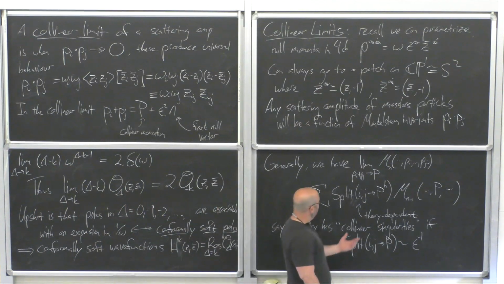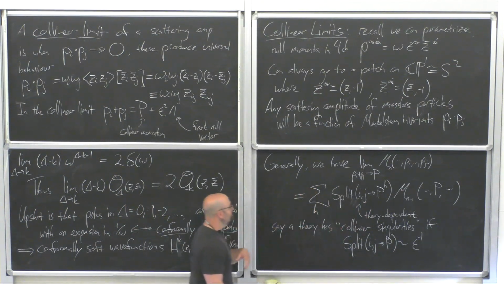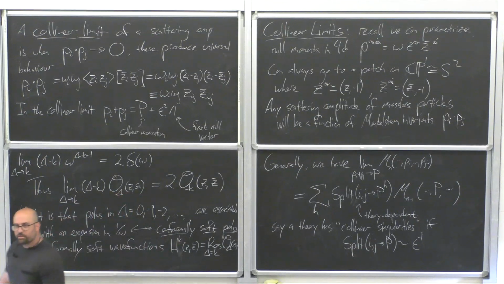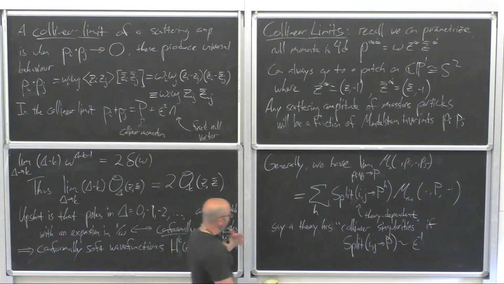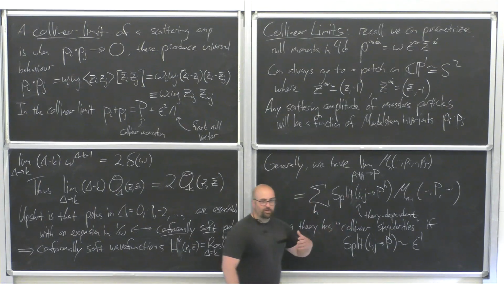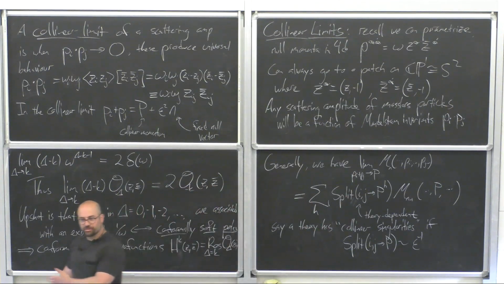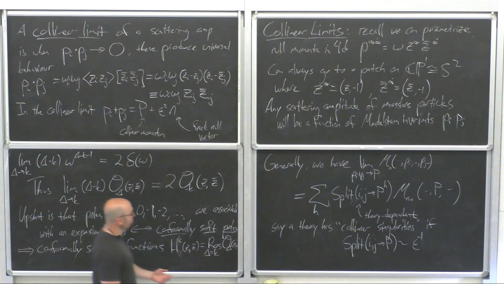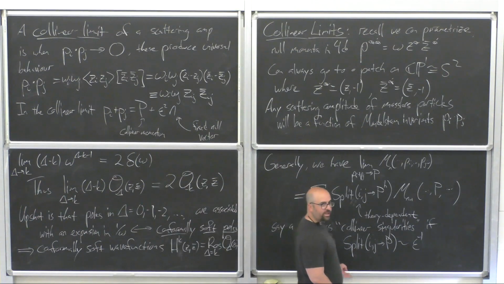Typically one can compute these things in perturbation theory, and in some cases they're actually protected against quantum corrections, so the tree level splitting function is a universal answer for the whole theory to all loops. Not always the case.